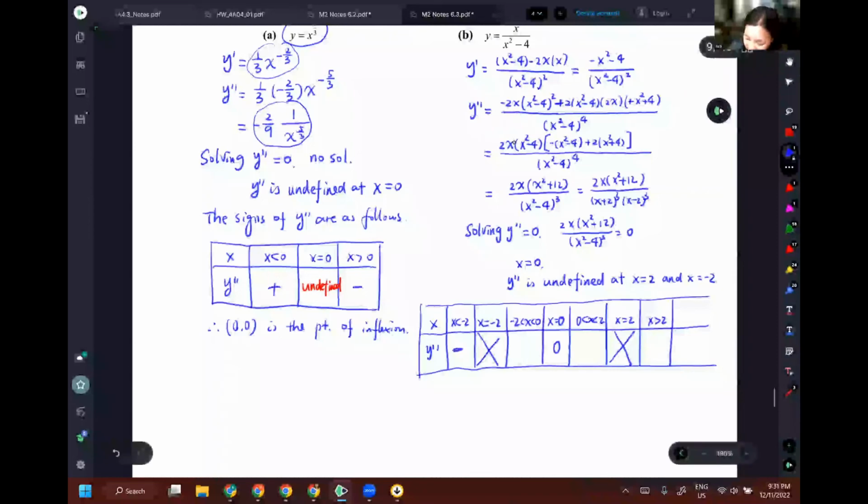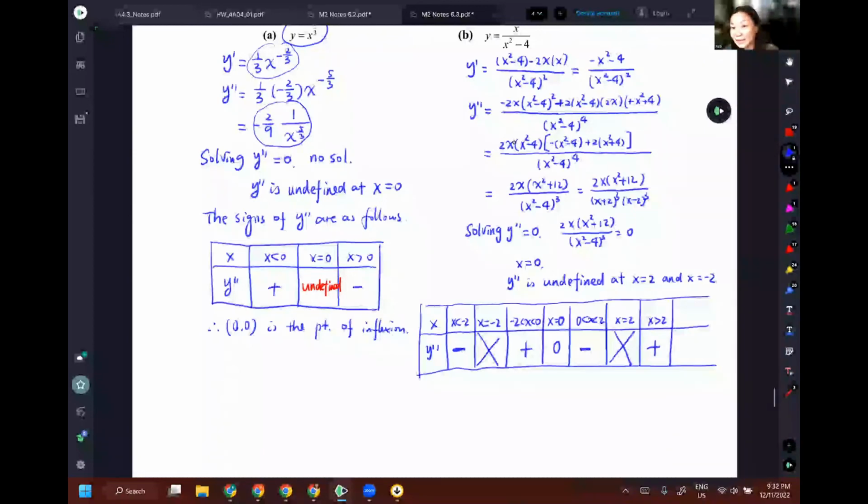That's negative. Between, I think it's positive. Between, yeah, positive. Bigger than 0, it's positive, positive. Positive, negative, it's negative. Bigger than 2, I think it's positive again.